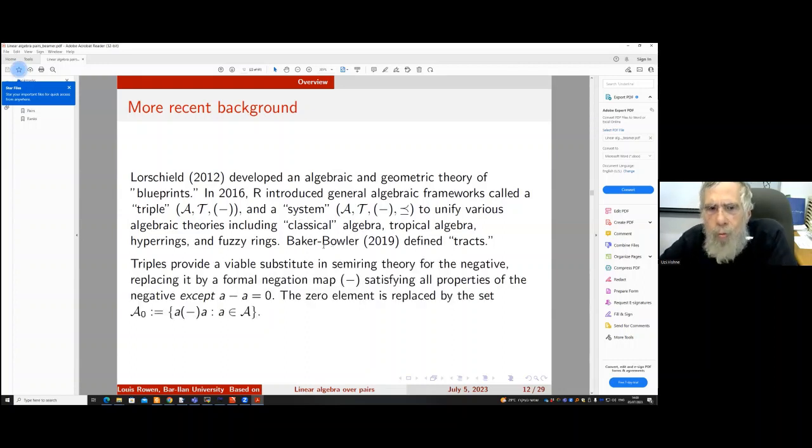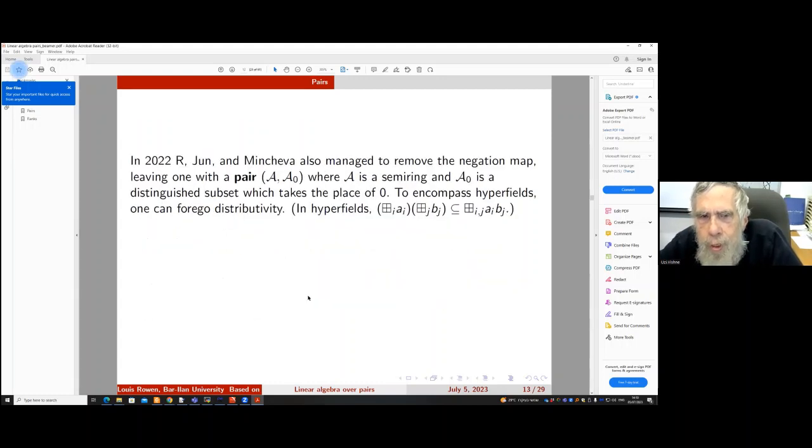What triples do is they provide a formal negation map, which is not the real negation, because a minus a doesn't have to be 0. So the set of all elements a minus a replaces the 0 set. And so this was a way of handling semi-rings without having negatives. And my point today is to further generalize this to the notion of a pair.